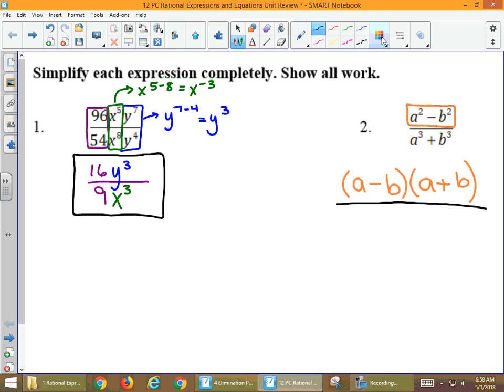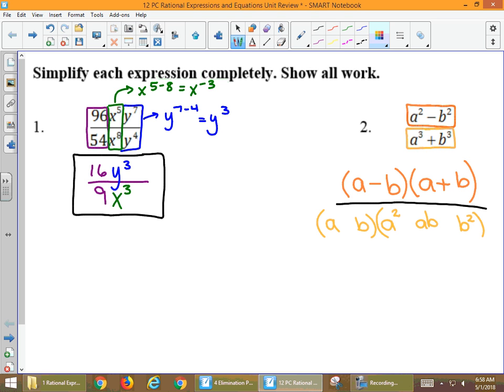In the denominator, I have a sum of cubes. So a lot of you remember this as SOAP, but sometimes it's hard to remember what that pattern actually means. So I always do the A's and B's first, or if they're numbers, the numbers. So my pattern is A, B, A squared, AB, B squared.